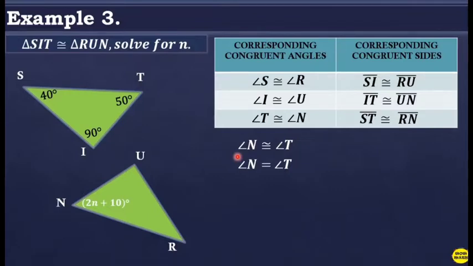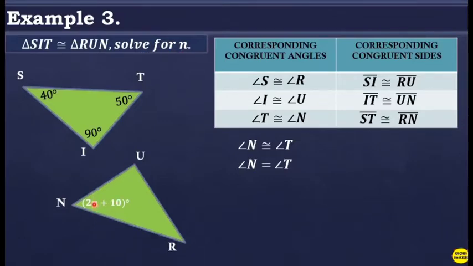Okay? So, ibig sabihin, ito, si angle N, since congruent siya doon, equal ang measures niyan. Okay? So, pwede ba nating sabihin, di ma'am, 50 rin to? Yes, 50 rin yan. But the question kasi is, solve for n. So, ano yung value ng n?